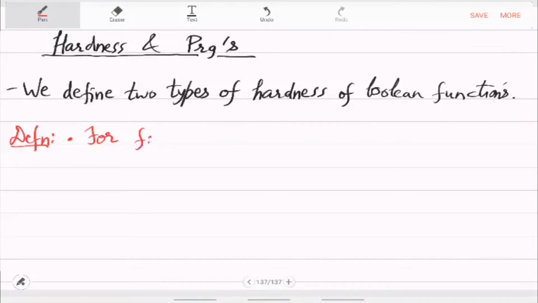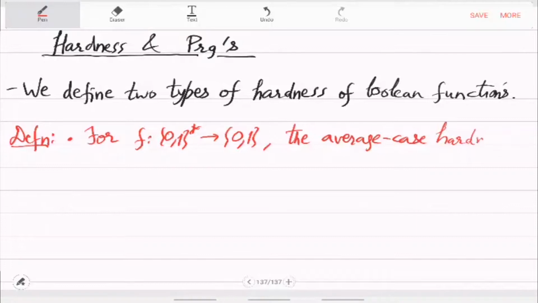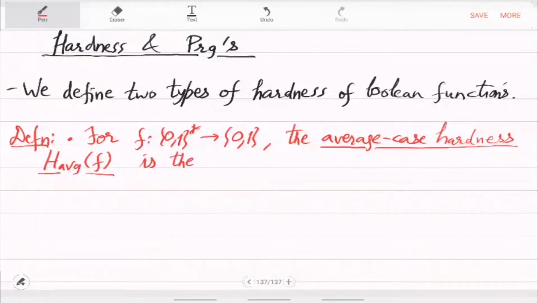So for a Boolean function, the average case hardness will be denoted by H average of F. This is the largest S. Now I am using the same symbol S like stretch, and later on we will see that this is for a reason.